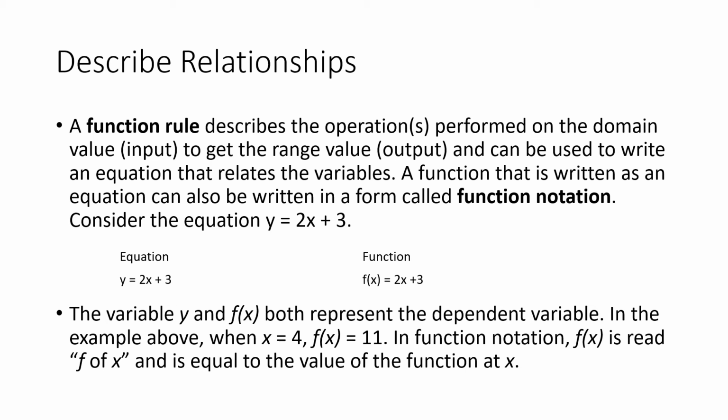So if we consider the equation y equals 2x plus 3, which I have provided for us here, we can write it in function notation as f(x) equals 2x plus 3.